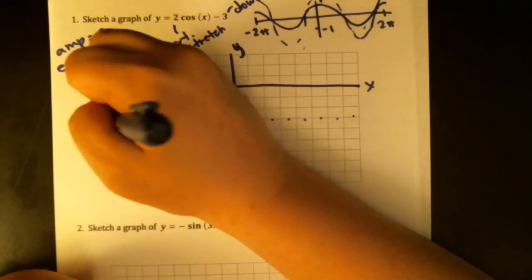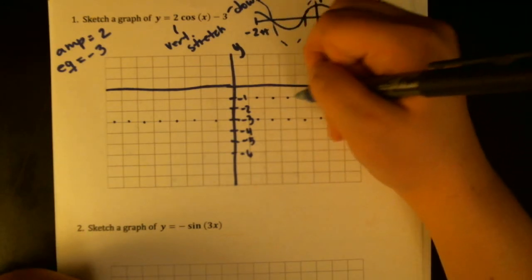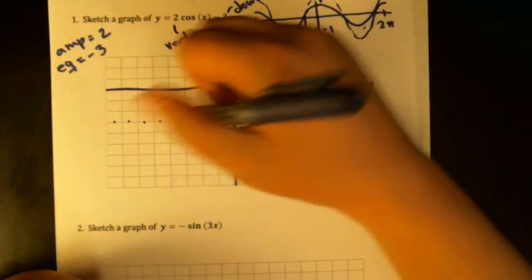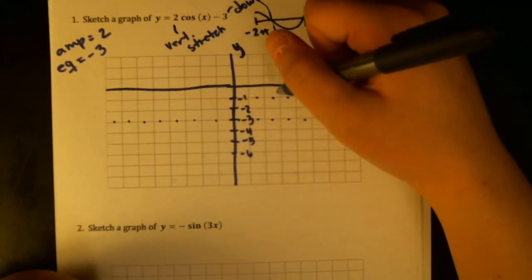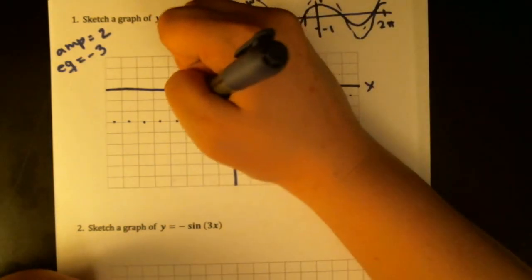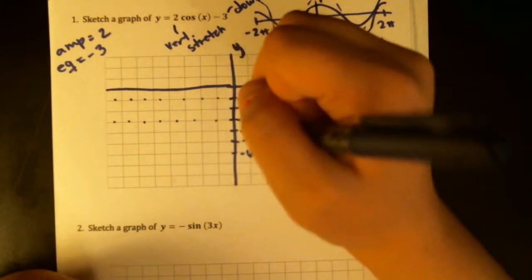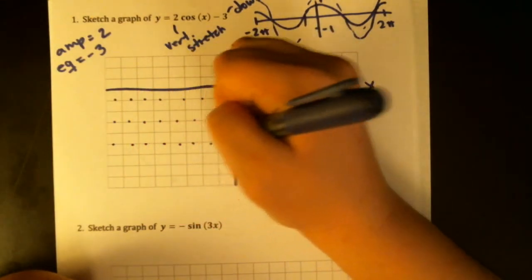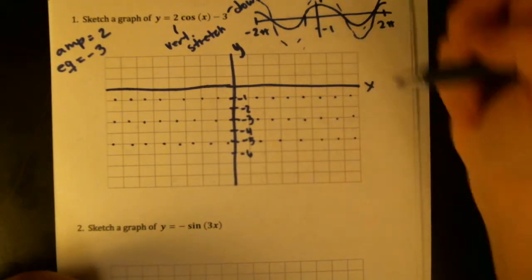I don't use dashes because dashes are supposed to show asymptotic behavior, but just some sort of visual for myself where I say, okay, the middle of the graph, the vertical center, is at -3, amplitude is 2, which means the top of the cosine wave will end up at y equals -1, and the bottom will end up 2 down at y equals -5. So figure out where the middle is and then go up and down according to your amplitude.